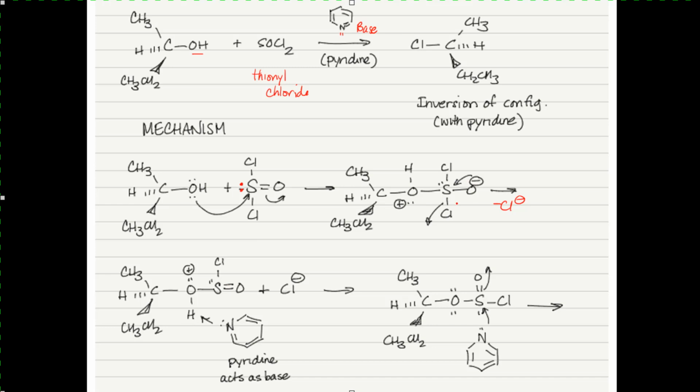And so what happens is that once the pair of electrons comes back down and we kick off the chlorine, we still have this OH plus, and the pyridine comes in as a base and it removes the H plus so that this pair of electrons can now go to the oxygen, and I can basically now form my oxygen species that's now attached to an S with a double bond with a Cl on the other side. Well, if you have pyridine present, there's more pyridine around, so now the pyridine acts as a nucleophile with its lone pairs on the nitrogen, adds to the sulfur, and that pair of electrons moves up there.